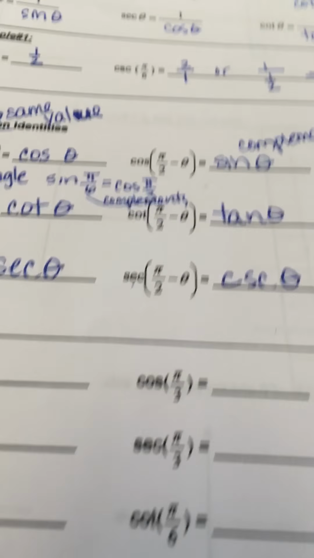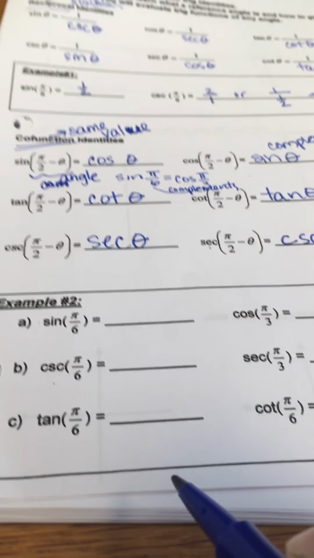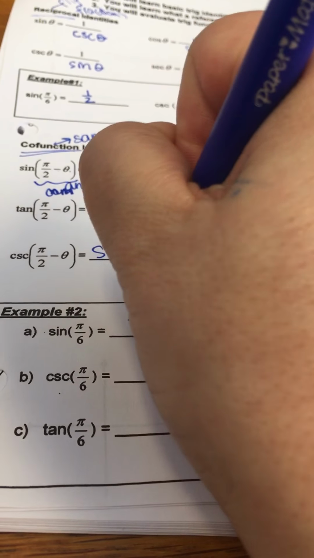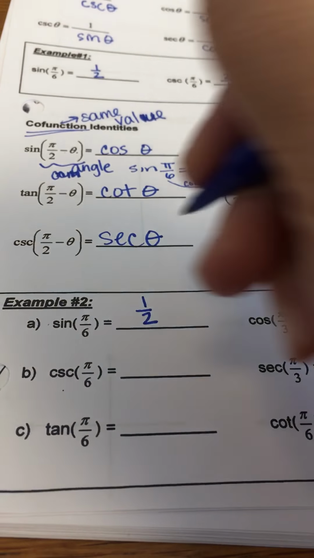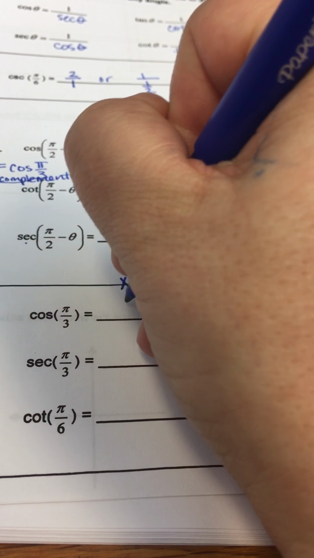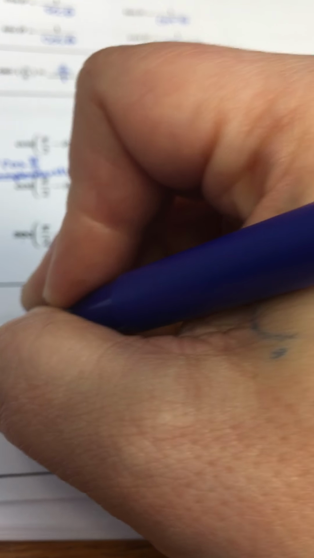So all you're doing is looking for the complements here. Pi over 6 here is 1/2. So sine value is the y value. Cosine value at pi over 3 is the x value at the 1/2. So what you're looking for is these angles are complements.